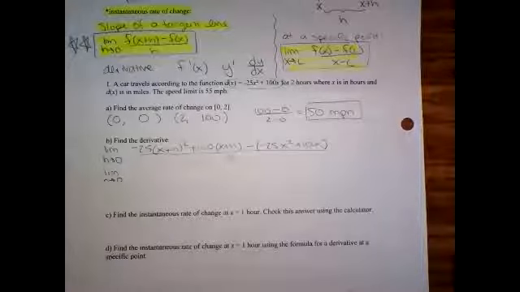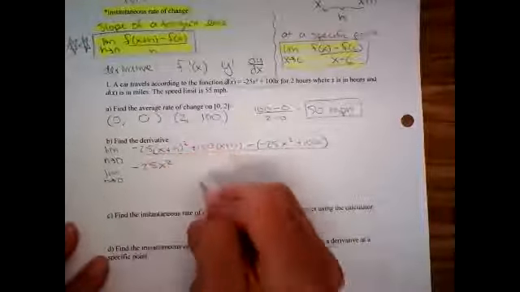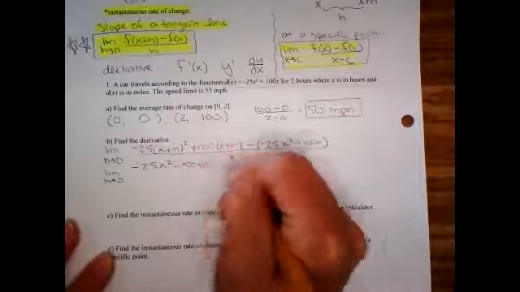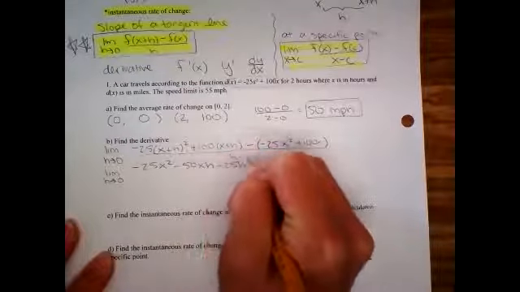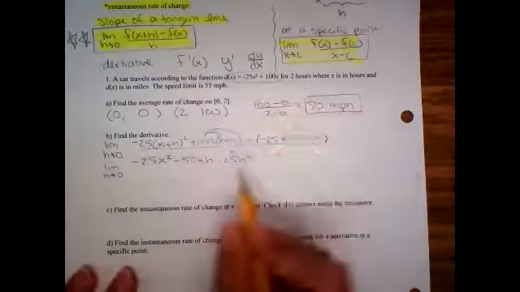The outside, x h, the inside, x h, so 2xh, and then plus h squared. We want to distribute that negative 25 through that. All right, so it's going to be negative 25 x squared minus 50 xh minus 25 h squared. That's actually the hardest part. So we just did the hardest part though. All right, now you're going to distribute a 100.